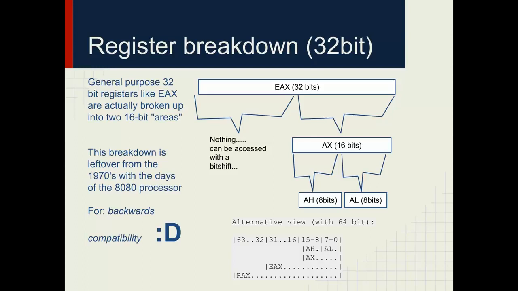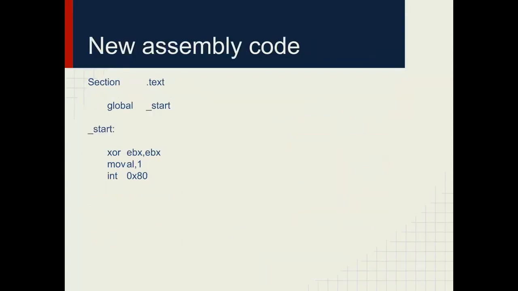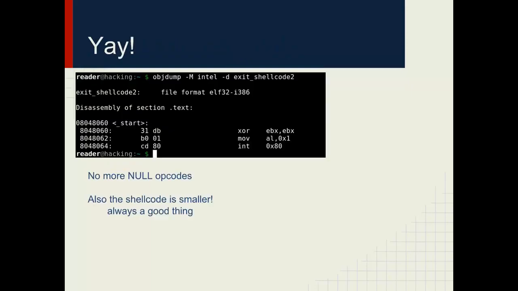And a lot of things that are left in for backwards compatibility are often very convenient during exploitation. So this is our new assembly code, and you'll see that when we put it all together, there are no null opcodes, and this is great.